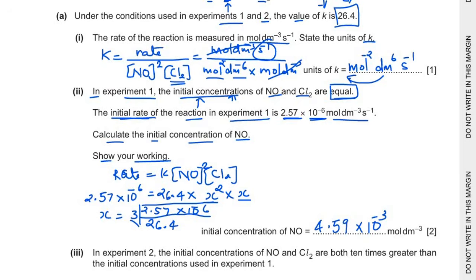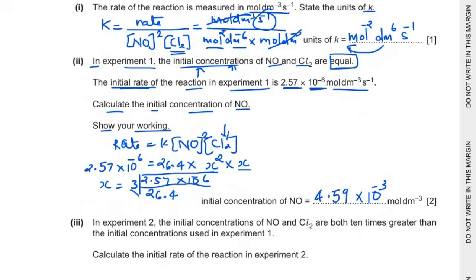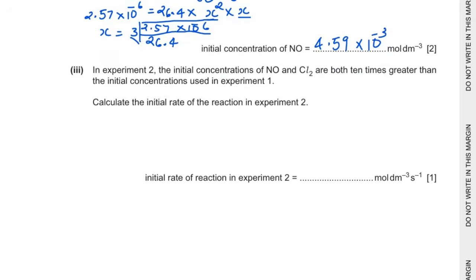Now that's the concentration of nitrogen monoxide NO, which we had taken as x, and as both of the concentrations were the same, the concentration of chlorine can also be taken as x, and so we calculated the value of x to find out the initial concentration of nitrogen monoxide NO.